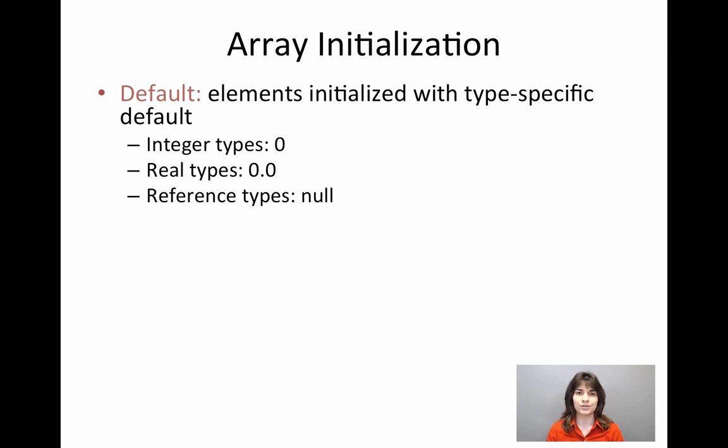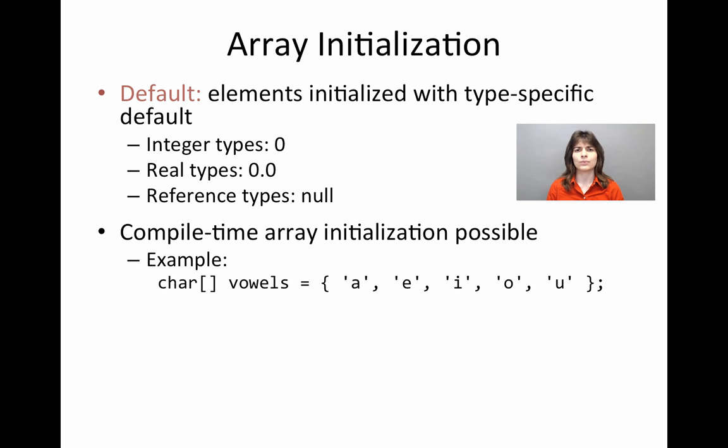In the same way also, if we create an array of type double, all of the elements of the array, as soon as that array is created, will have the default initial value 0.0. If we have a reference array, all of the elements of that newly created array will have the value null. This is the default value for references.